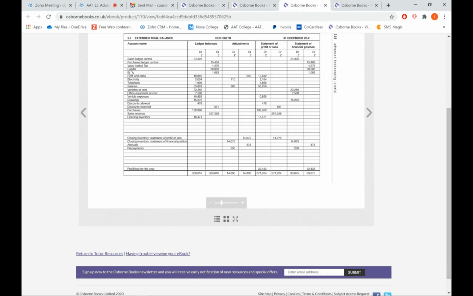Here you have rent and rates. 250 credit here in front of rates, and 250 debit here in prepayment. What did we do? Rates credit, prepayment debit. And how will it show here?